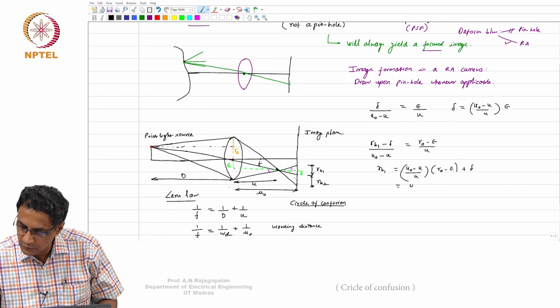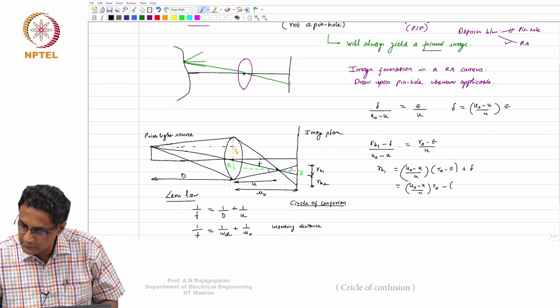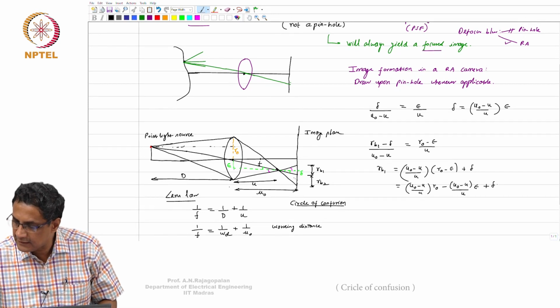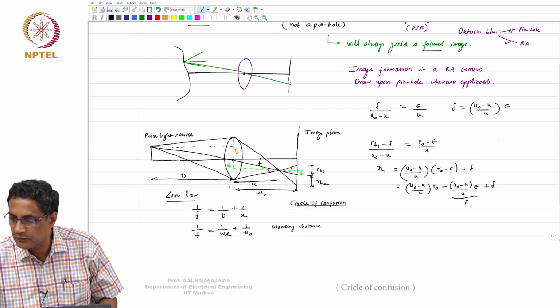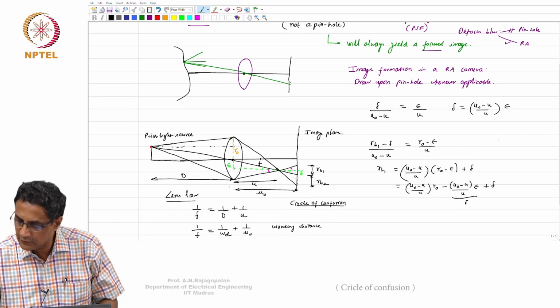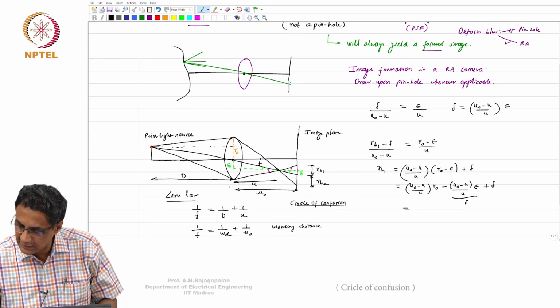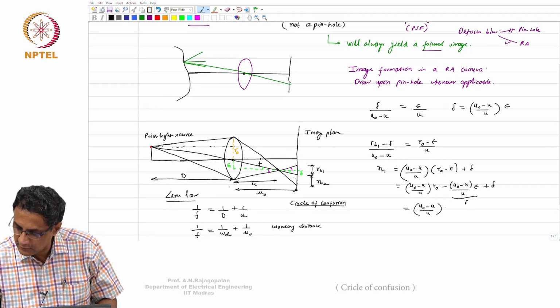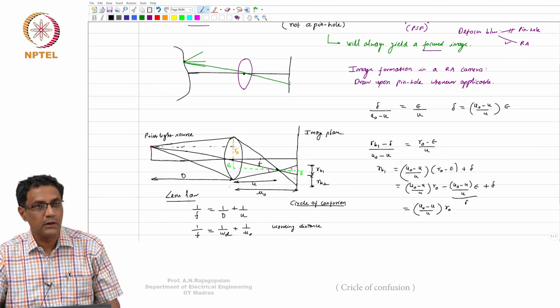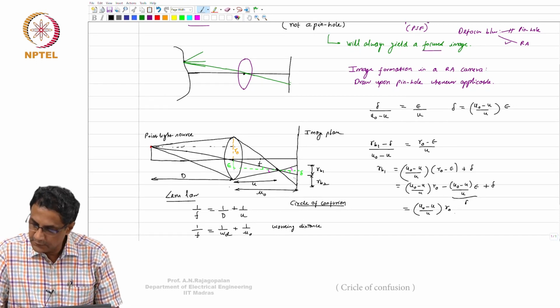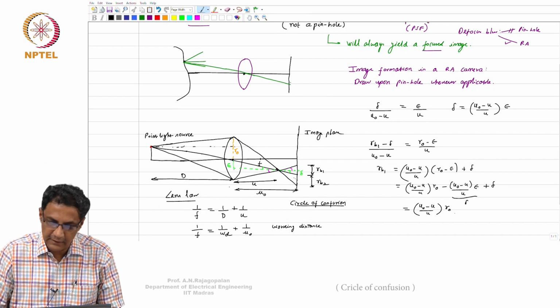This is equal to u naught minus u by u into r naught plus u naught minus u by u into epsilon plus delta. But delta is exactly this one, from here, u naught minus u by u into epsilon, and therefore these two will cancel off and you will get u naught minus u by u into r naught. This is RB1, correct?